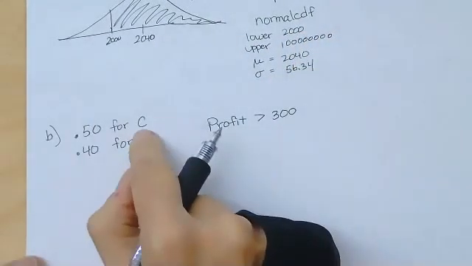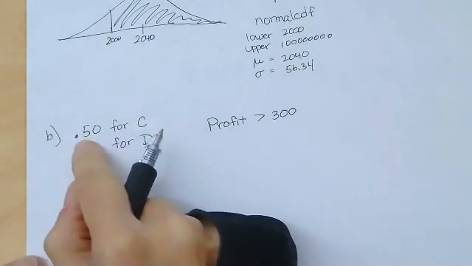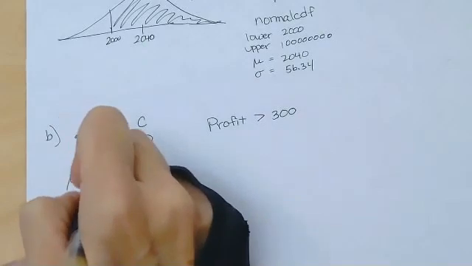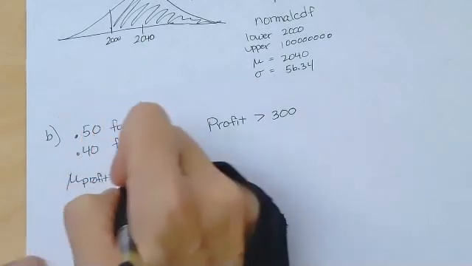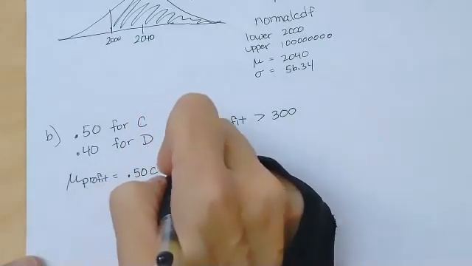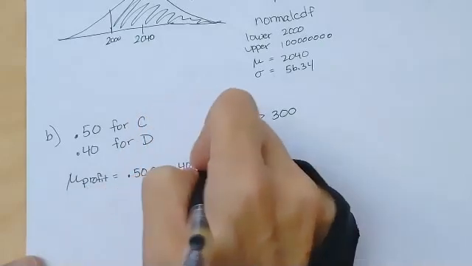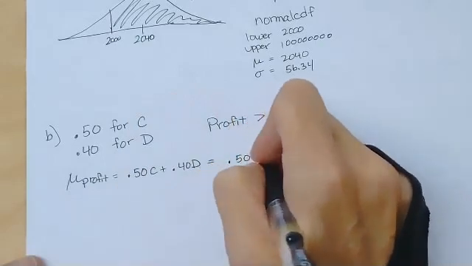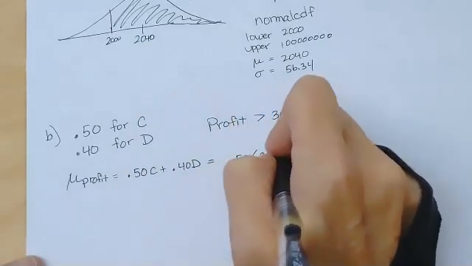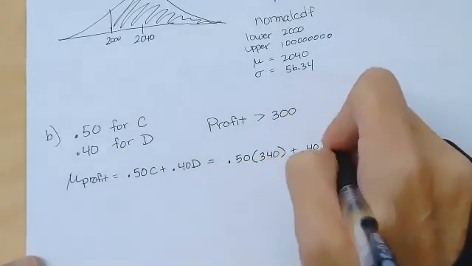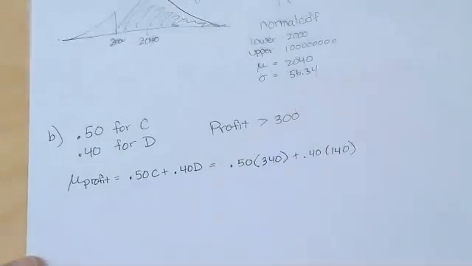So each cup of coffee is 50 cents. So my mean profit is going to be 50 cents for a cup of coffee plus 40 cents for a donut. Coffee averaged 340, donuts averaged 140.